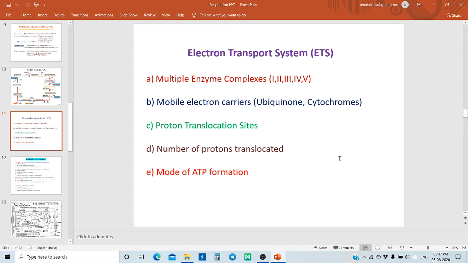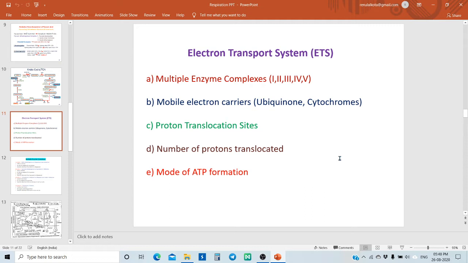These NADH and FADH undergo oxidation, and they give the electrons to oxygen. The ultimate receiver of electrons is oxygen, which reduces to water by accepting electrons from these reduced NADH and FADH, and protons from the mitochondrial matrix. That is what happens during the electron transport system.